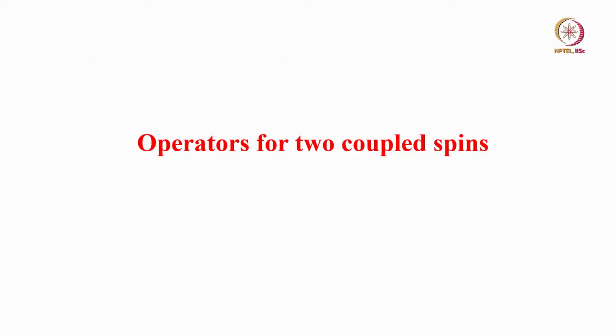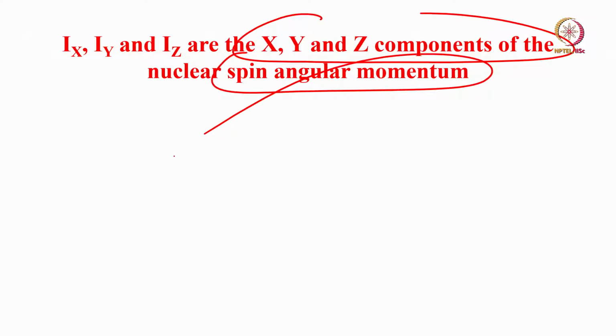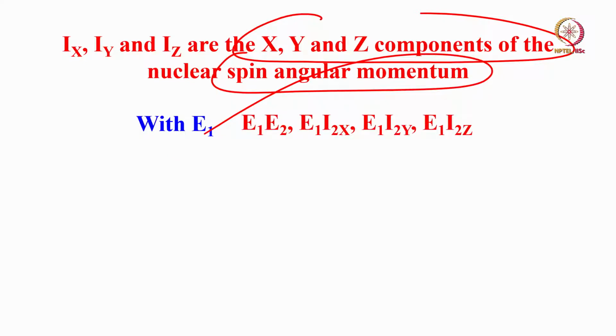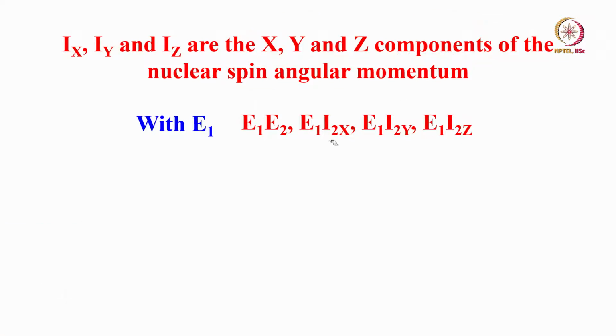Now, what are the operators we require for two coupled spins? One thing is Ix, Iy and Iz are the x, y and z components of the nuclear spin angular momentum, that we know. And with E1, considering E1 also, E1 is a unity operator. As I told you, its reason is only to simplify the mathematical operation.